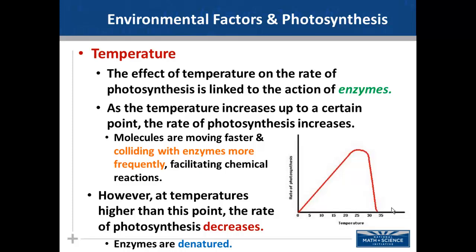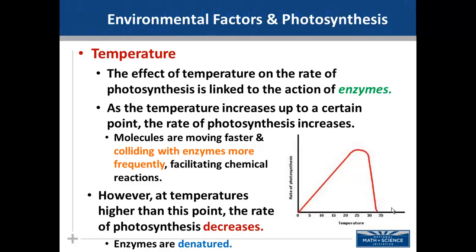As molecules are moving faster, they're more likely to run into or collide with enzymes, and that's going to facilitate chemical reactions. So molecules that are, for lack of a better term, running around faster are more likely to bump into an enzyme and be catalyzed by that enzyme than molecules that are moving more slowly, which is characteristic of molecules at lower temperatures.